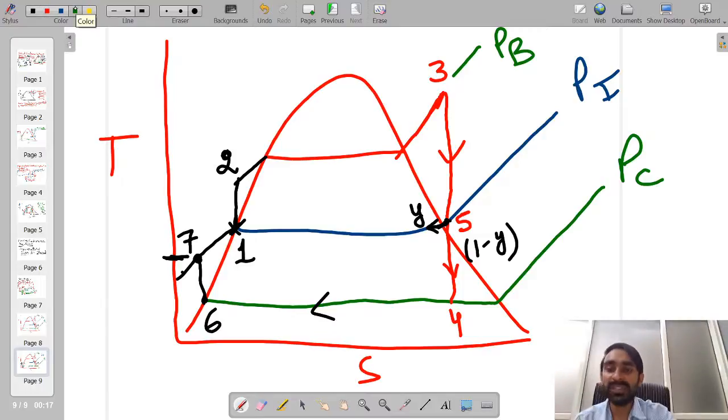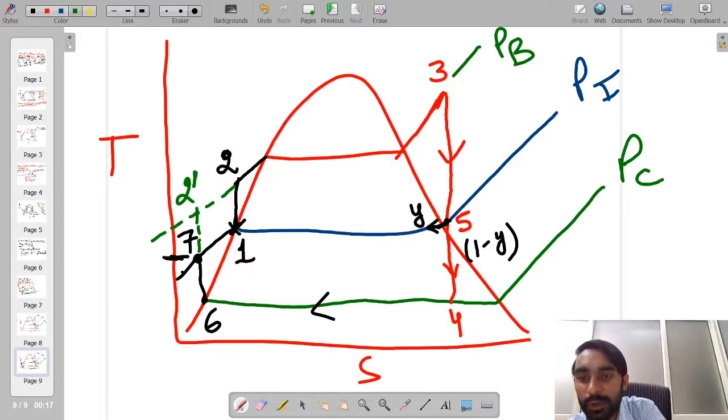Okay, and if you try to see over here, if we could not have used the regeneration process, in that case what would have happened, this pressure could have extended over here and this pumping process would have been done in a single stage till the boiler pressure, and we could have achieved point number 2 dash at the inlet of the boiler.